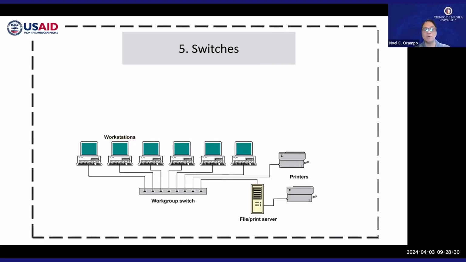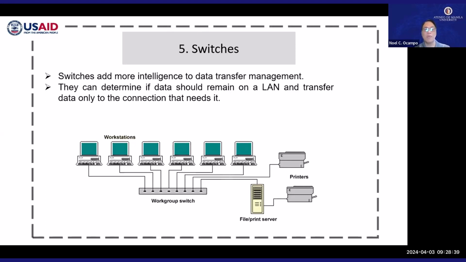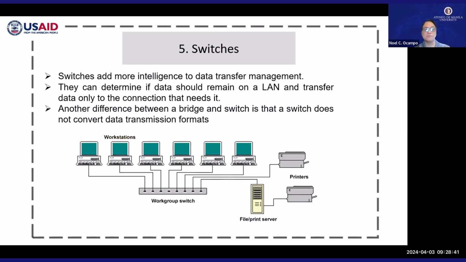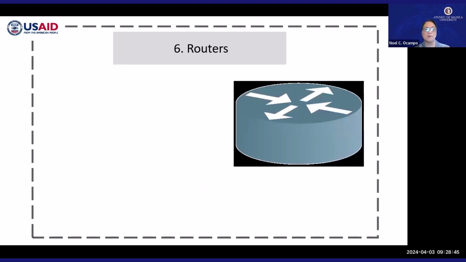As you can see, you can share the printer because it's also connected in your local area network. And lastly, in order to go out and be connected to the wide area network, you need to have your routers as well.